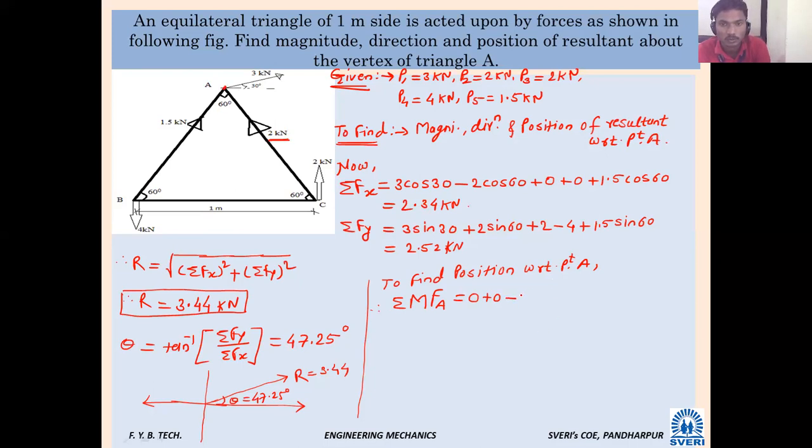So minus 2 into the perpendicular distance between the line of action of that vertical 2 kilonewton force and point A. 0.5 meter, half. If I draw such a line here, it will be 0.5. Next, the fourth force, 4 kilonewton.